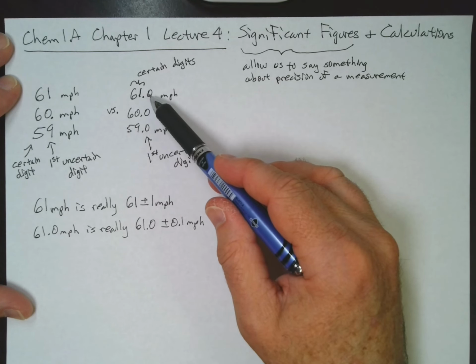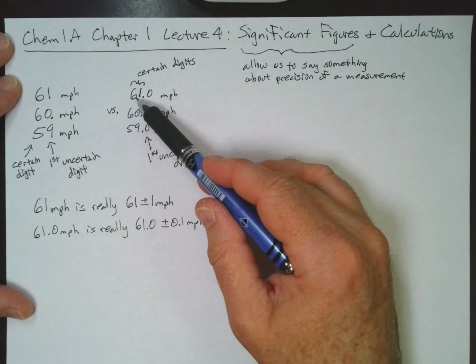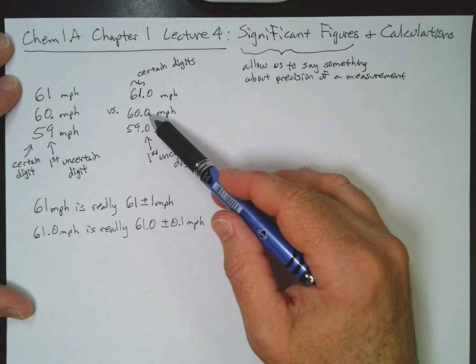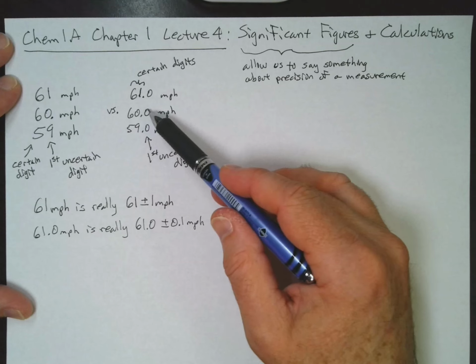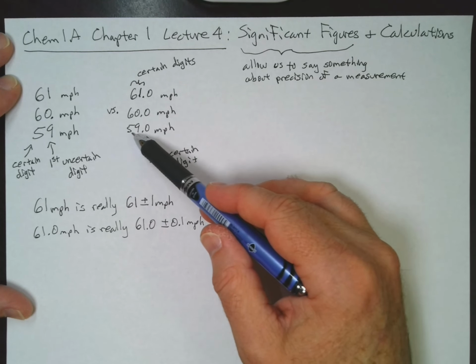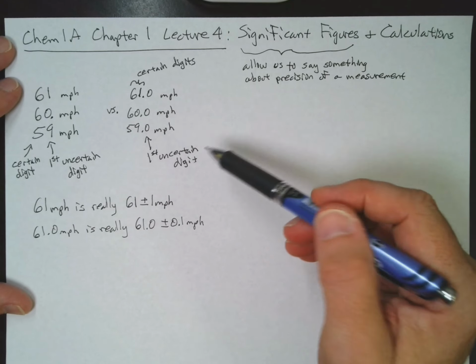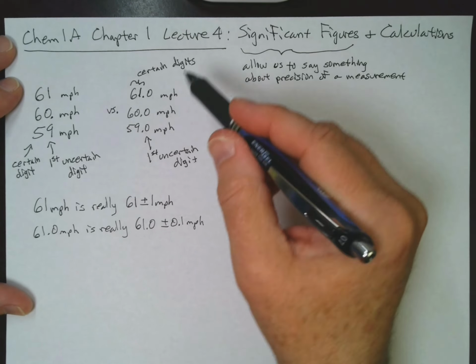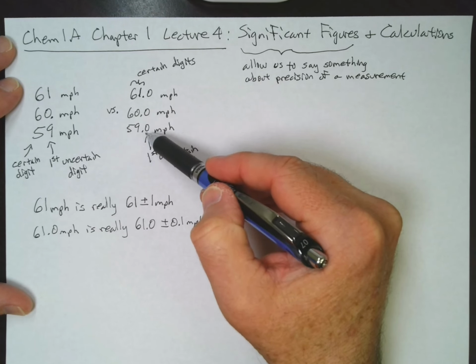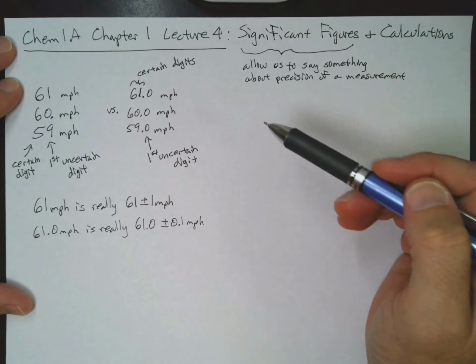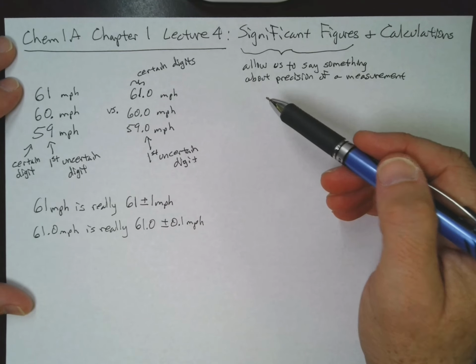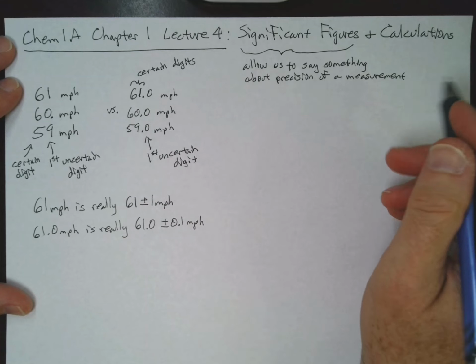So 60.9, 61.0, 61.1, 59.9, 60.0, 60.1, 58.9, 59.0, 59.1. It could vary anywhere in that range. And so these three measurements really are different than each other, and it has to do with the number of significant figures.